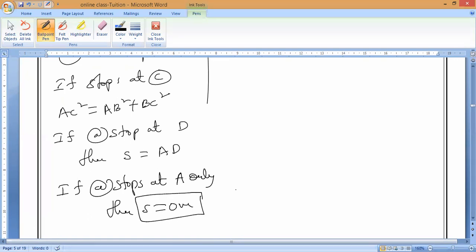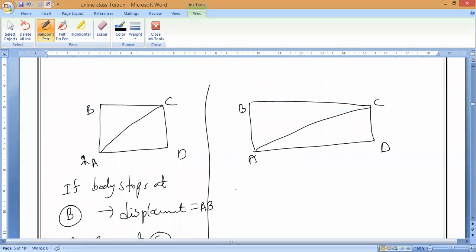Is it okay, guys? The same thing here also. If we stop at the first point, the displacement is AB. If we stop at point C, the displacement is AC, where AC square is equal to AB square plus BC square.